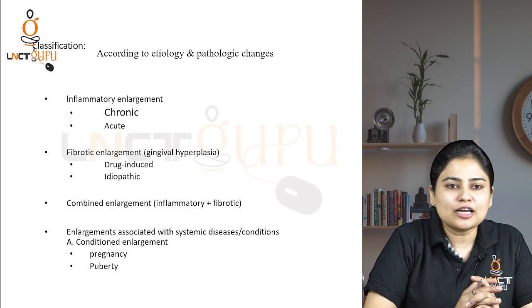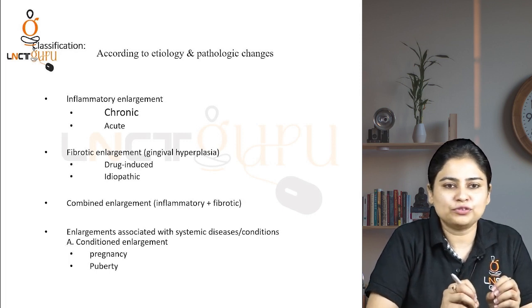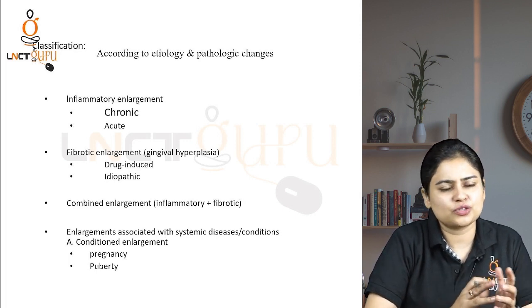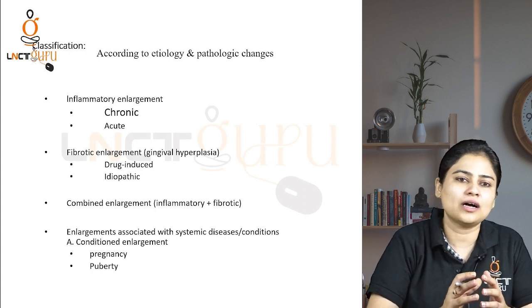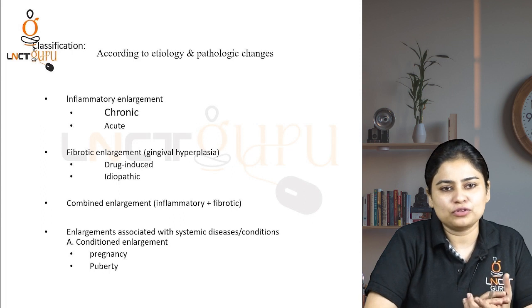What we have to focus on is the classification of gingival enlargement. What are the types of gingival enlargements which we see in the mouth, and what is the treatment plan for these types?